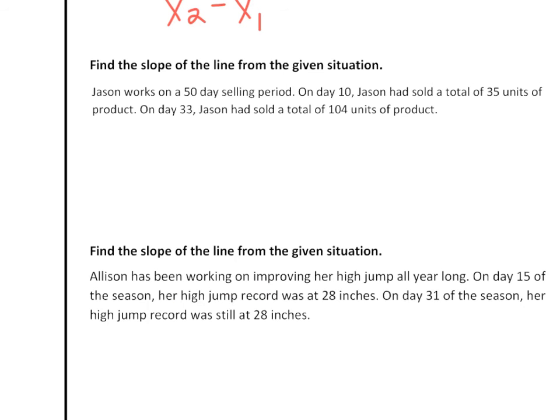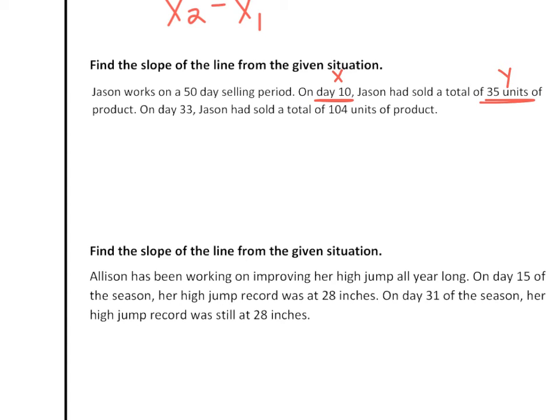Okay, Jason works on a 50-day selling period. On day 10, Jason had sold a total of 35 units. That's one pair of numbers. Day 10, 35 units. X, Y, because the amount of days causes the number of units. The X is what's causing things, independent variable.